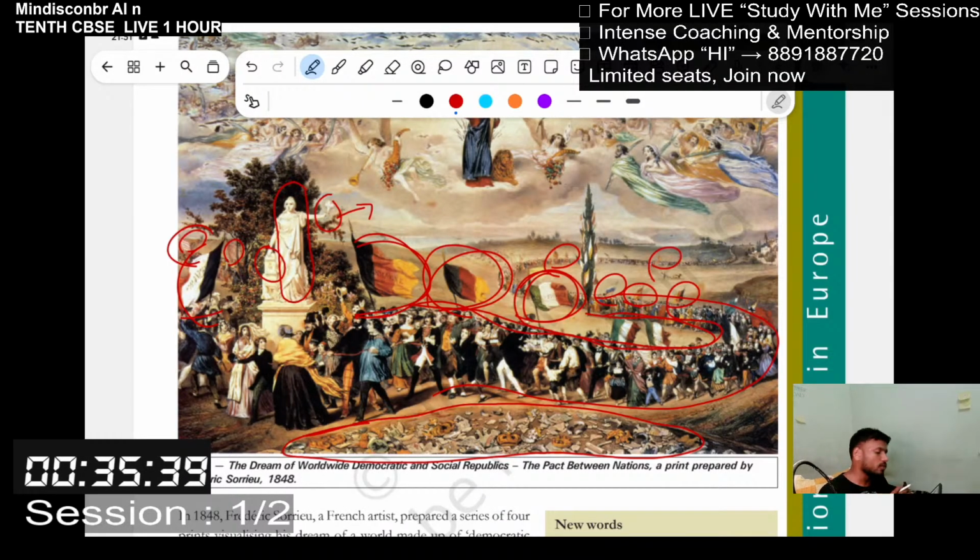That means they got freedom many years before France and Germany started to think about nationalism. And you can see the French flag here. That means France is near to the Statue of Liberty, that is, near to nationalism. But you can see here Germany and some more flags that are very far from the Statue of Liberty.